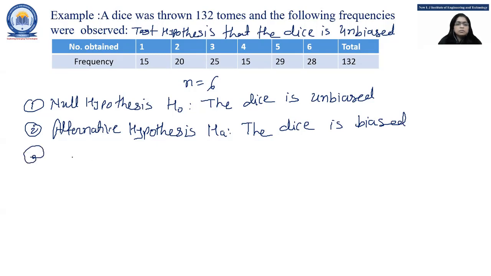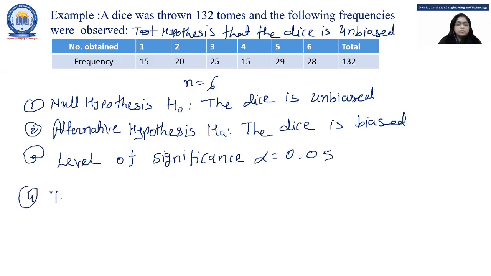Third one, level of significance alpha 0.05. Fourth one, test statistic.